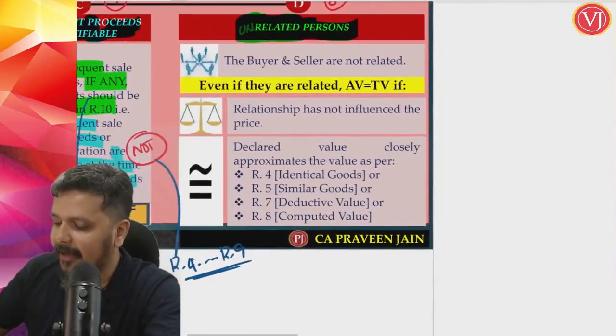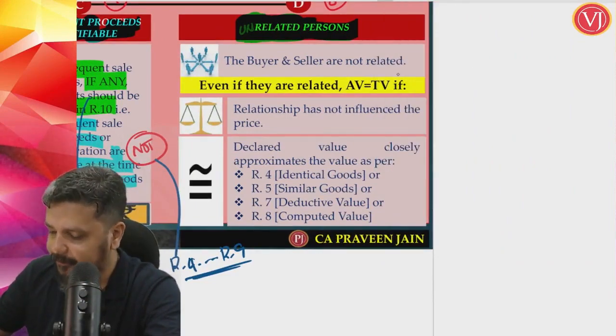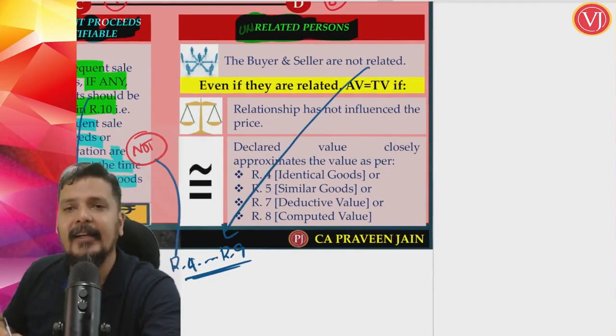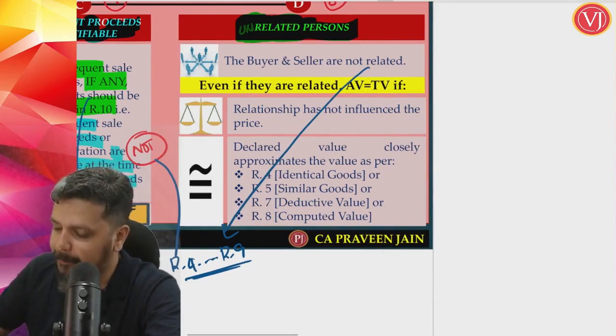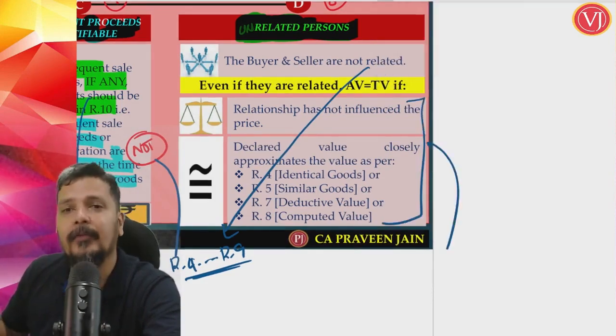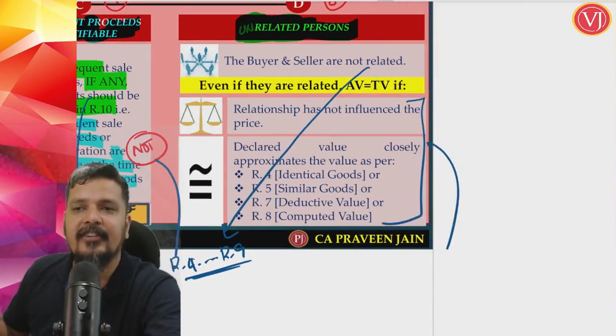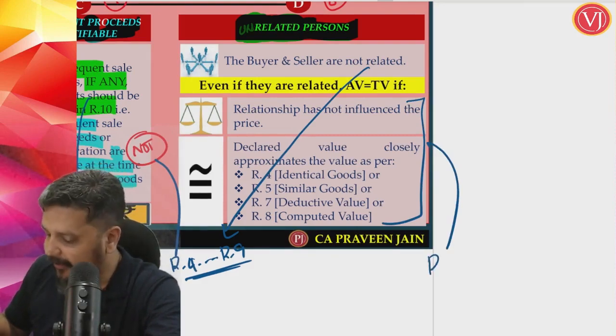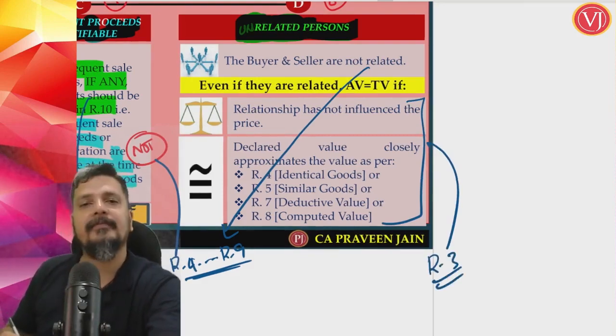Related person. By default, the moment it is a related party transaction, you are going to rule 4, 5, 7, 8, 9. But, if you prove that relationship has not influenced the price, remain in rule 3.